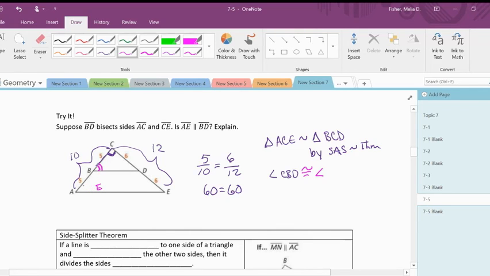Make sure that looks like a C. CAE. And therefore, BD is parallel to AE by the converse of corresponding angles.